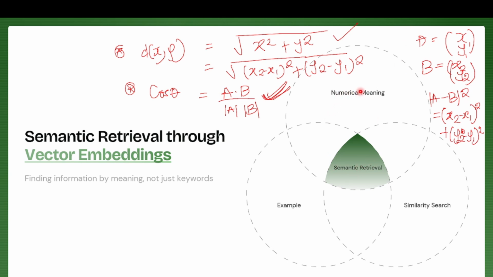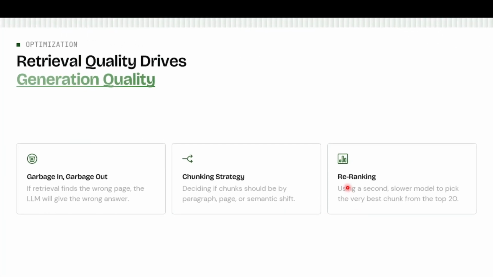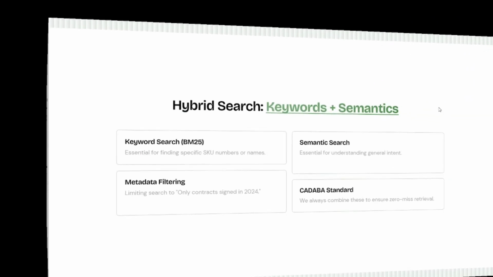Semantic ranking uses numerical meaning with similarity search to select the best chunks and then combine them to form context assembly, and then you can re-rank them. So this is how you can improve generation quality for an LLM. Chunking strategy: decide if chunks should be by paragraph, page, phrase, or semantic shift, and then we re-rank, using a slower model to pick the very best chunk from the top 20.